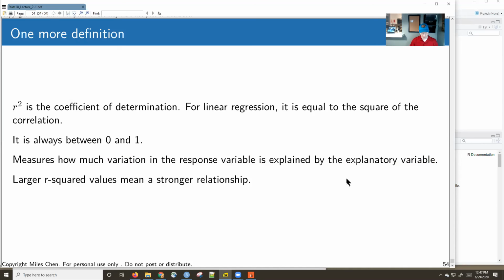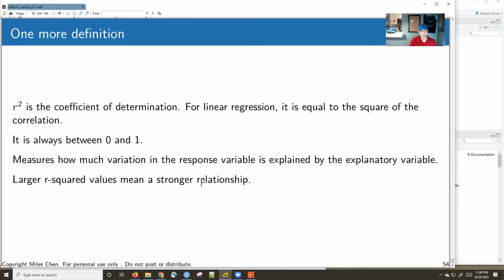It's a little bit of an odd definition, but the big takeaway is that larger R-squared values mean a stronger relationship. And this is a value that often gets reported in papers when they're talking about a linear regression relationship. You might see the R-squared value reported rather than R itself.